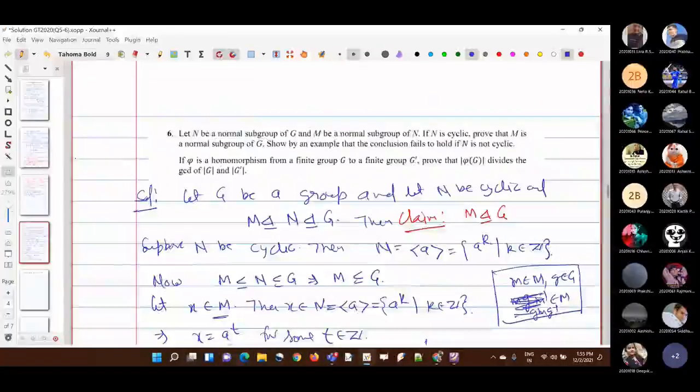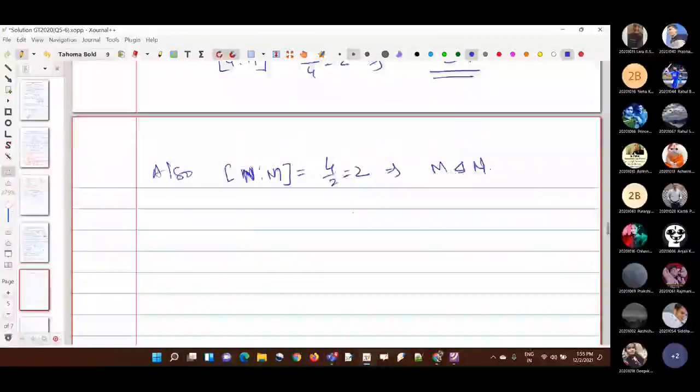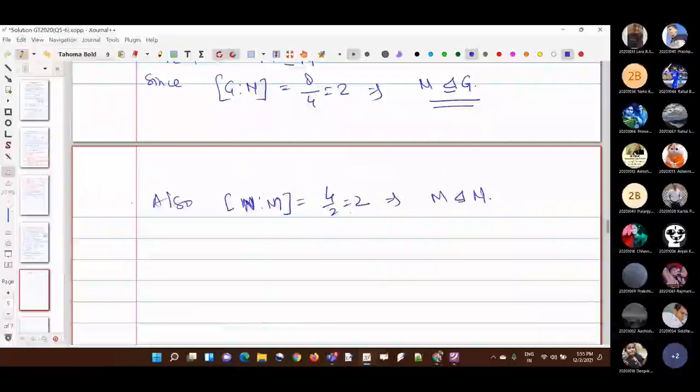You see what is there? N is normal in G, M is normal in N, and N should be cyclic. Then prove that M is normal in G. Okay, so let us see.